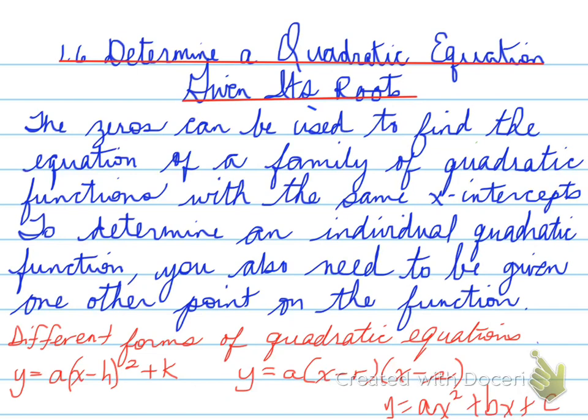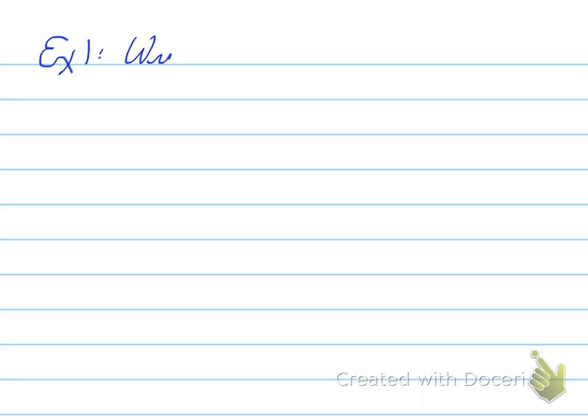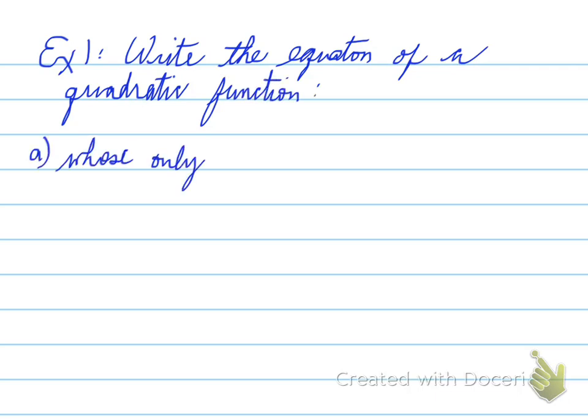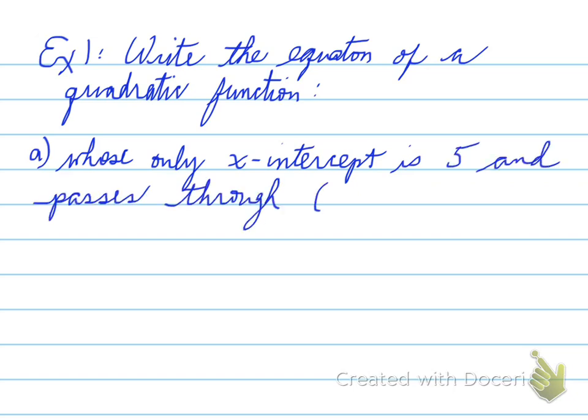Moving on. Example 1. Write the equation of a quadratic function whose only x-intercept is 5 and passes through (-1, -8). What is this saying?